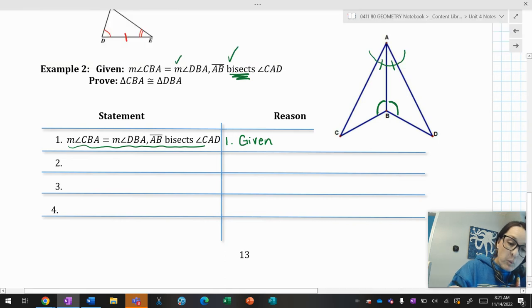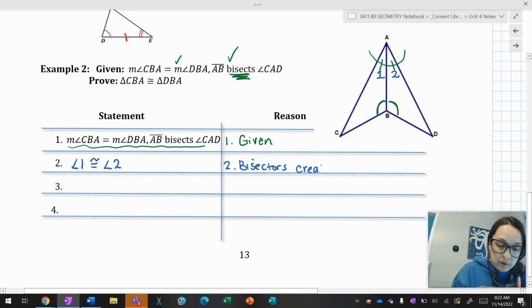Which parts? Well, these parts. I'm going to call that angle 1 and that angle 2, and say angle 1 has to be congruent to angle 2 because bisectors create two congruent parts. And in this case, those parts are angles because it was an angle bisector.